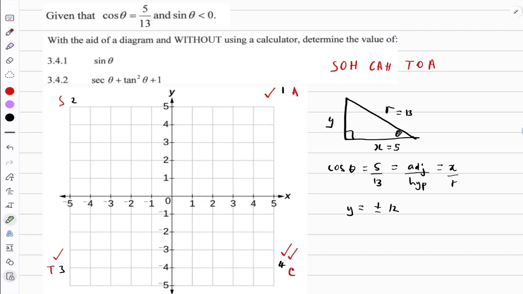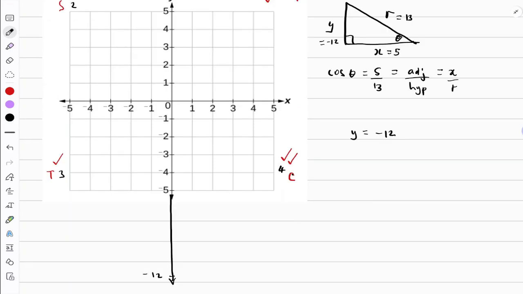So we accept the fourth quadrant to be the place where we draw our triangle, because cos theta is positive in that quadrant and sin theta is negative in that quadrant. And we found the value of y to be plus minus 12, so we accept y to be negative 12.